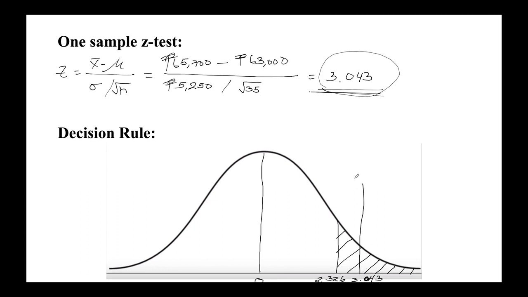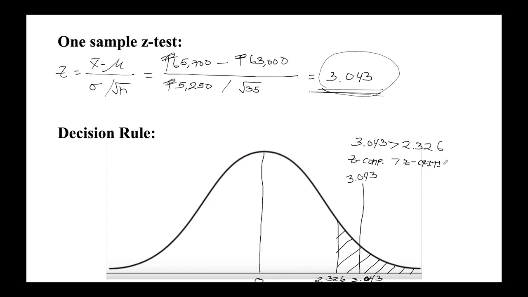Since dito nag-fall ang ating Z computed, anong gagawin natin? No, 3.043 is greater than 2.326. Or, sa madaling salita, Z computed is greater than Z critical.